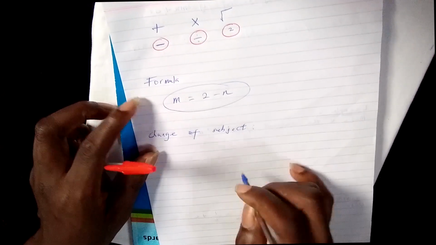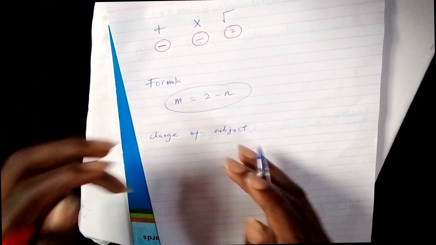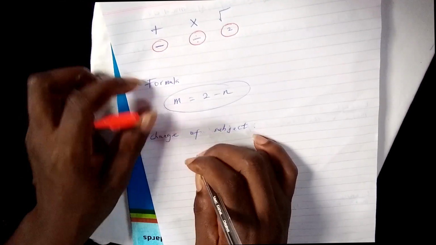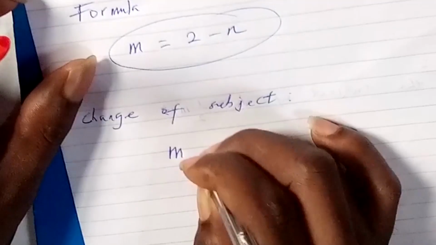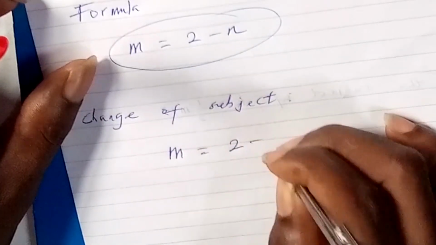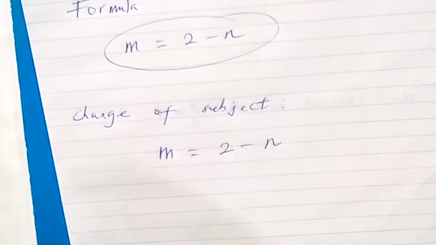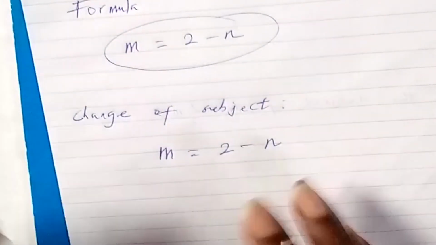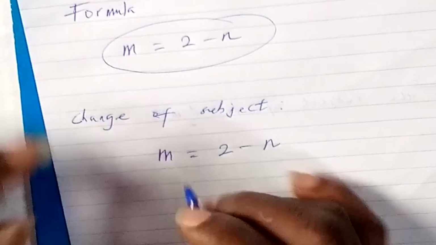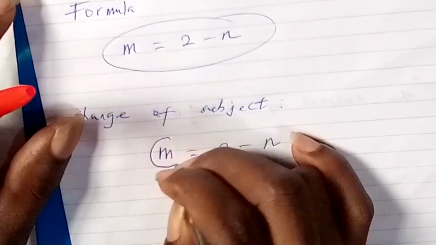Now, let's consider this formula that we dealt with a few minutes ago. If you have a formula or an equation, m equal to 2 minus n, in the first place, this is an equation. But if you want to change the subject, now the subject of this equation is m.